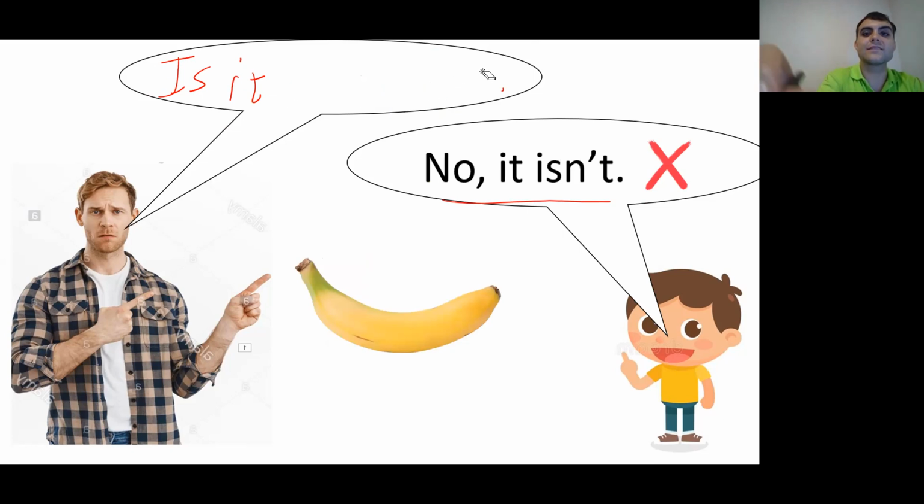He's got to ask, is it a or an onion? Or he could ask, is it a balloon even? Because as long as the answer is no, it isn't, then he's good to go.